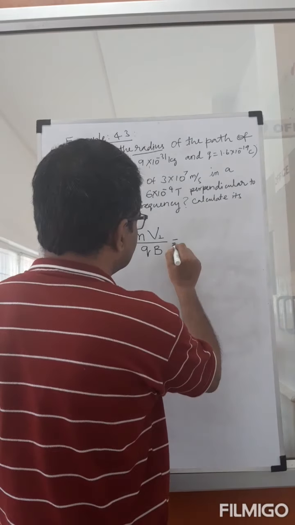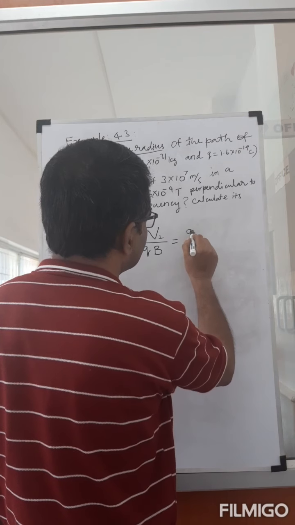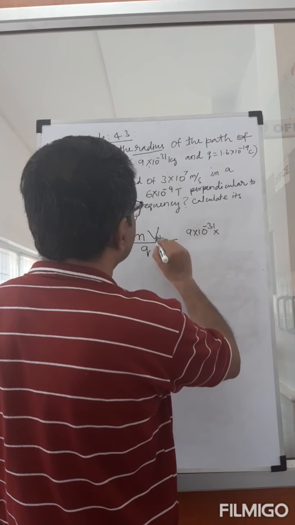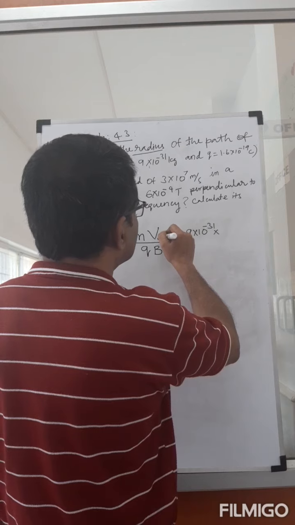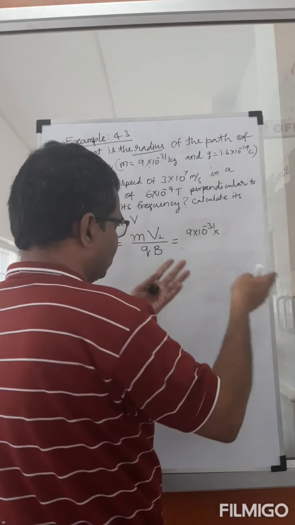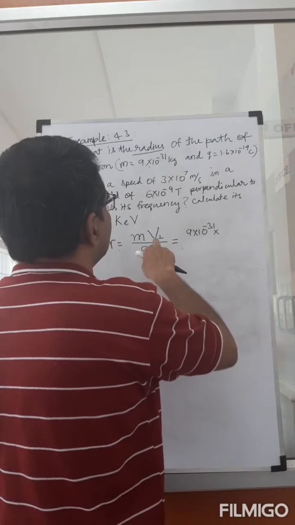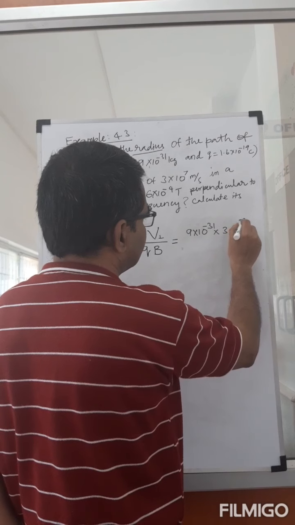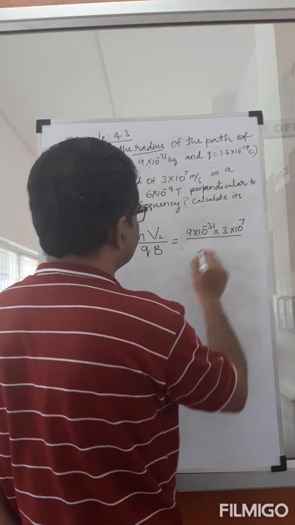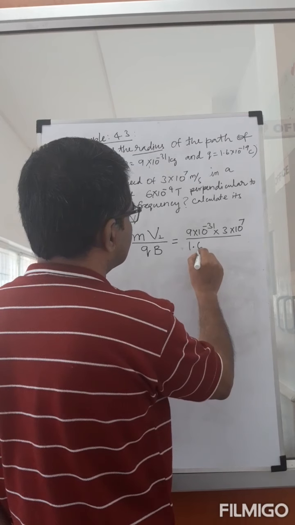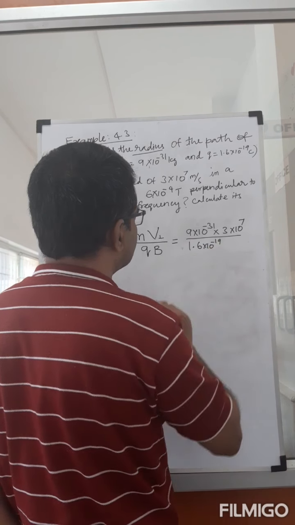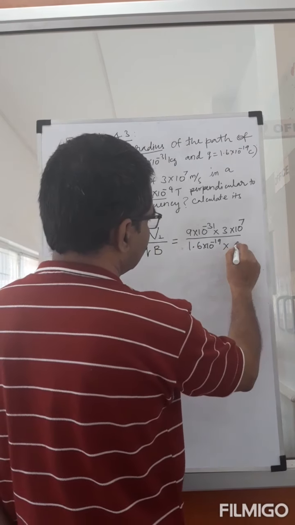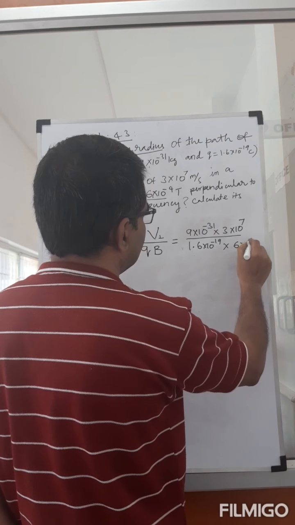So you get here mass is 9 into 10 to the power minus 31 multiplied by the speed in the perpendicular direction, which is the same, 3 into 10 power 7, divided by q, which is 1.6 into 10 to the power minus 19, and then B is 6 into 10 to the power minus 4 Tesla.